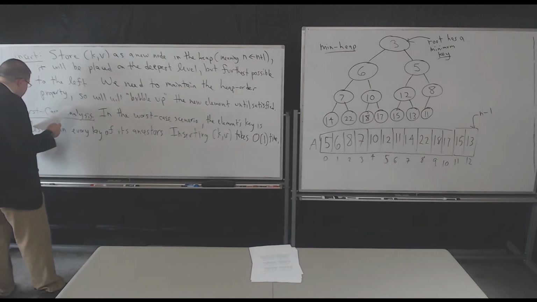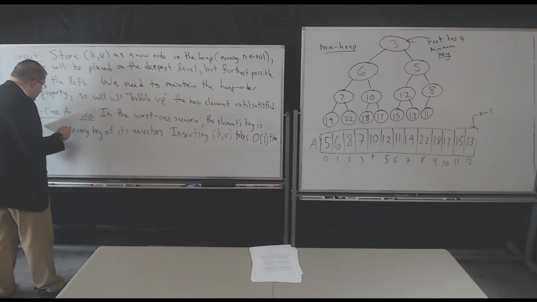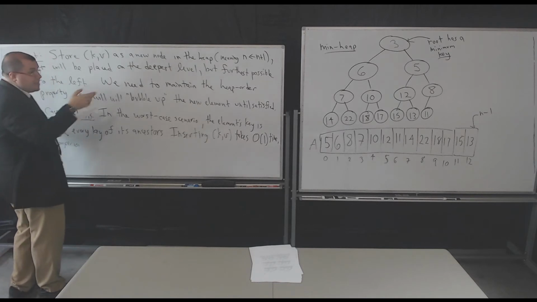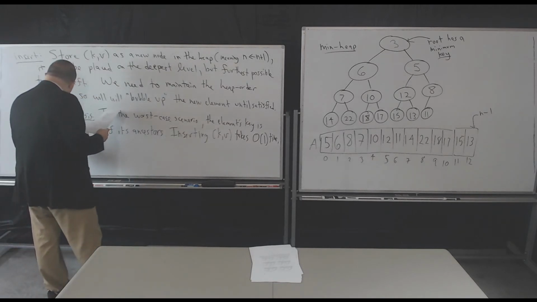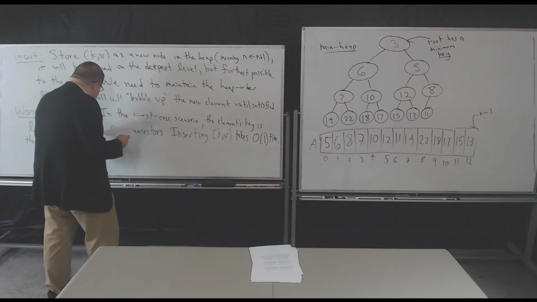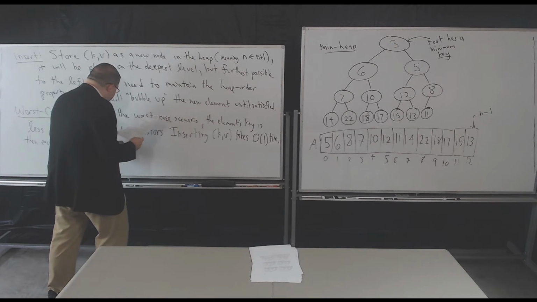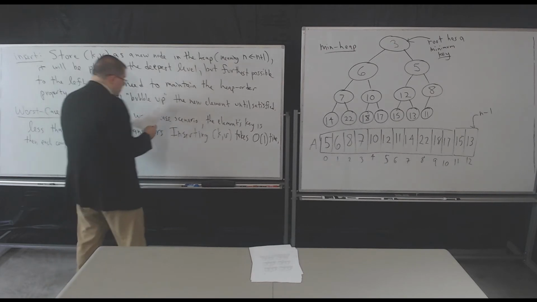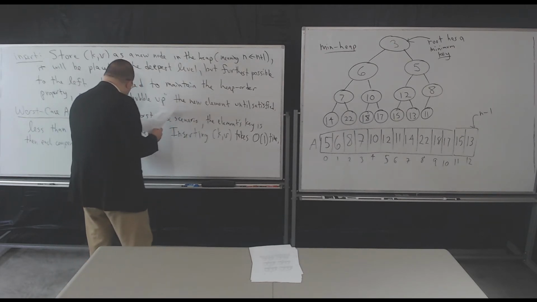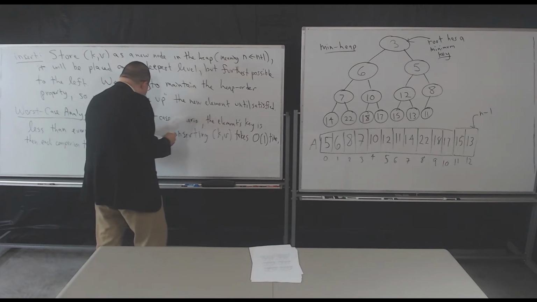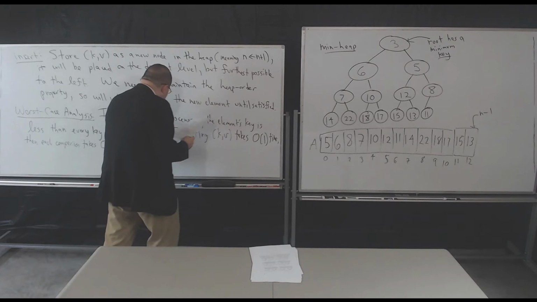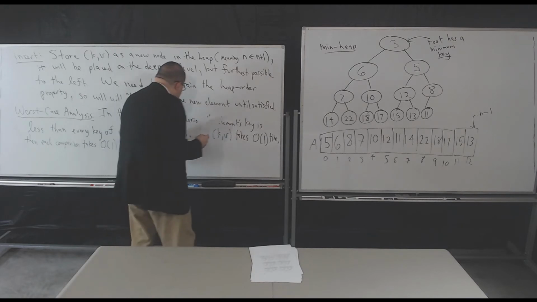Then each comparison. Now this is assuming that the comparisons between the keys take constant time. This is an assumption I'm making. Then each comparison takes constant time between it and its ancestors.